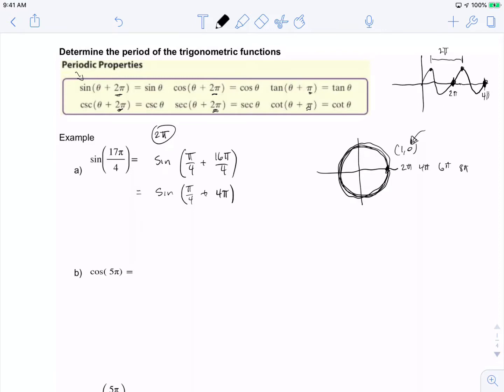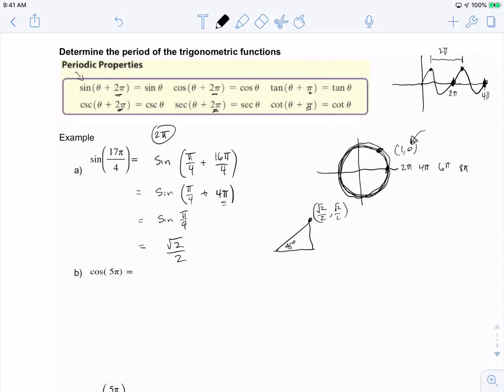So we know that this is simply going to be a value of 0. So that's equal to sine of pi over 4. And sine of pi over 4, if you pull out your unit circle table, should be radical 2 over 2. Because what we end up having is a 45-degree angle, or a pi over 4 angle, and this point over here is at (radical 2 over 2, radical 2 over 2) on the unit circle. So it'd be somewhere over here.